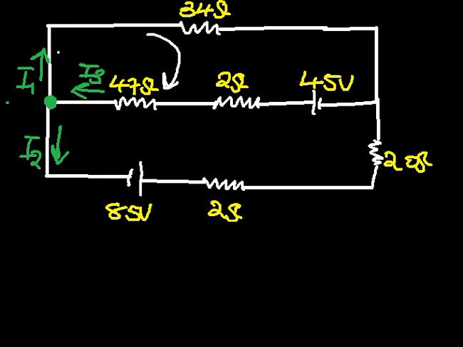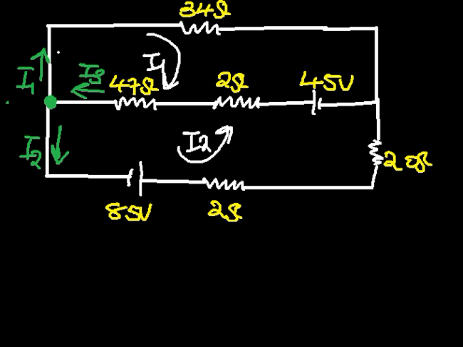So this is I1 flowing in loop 1. And the current in loop 2 is going like this, so we indicate it as the anti-clockwise direction. Hence we have it as I2 in that case.